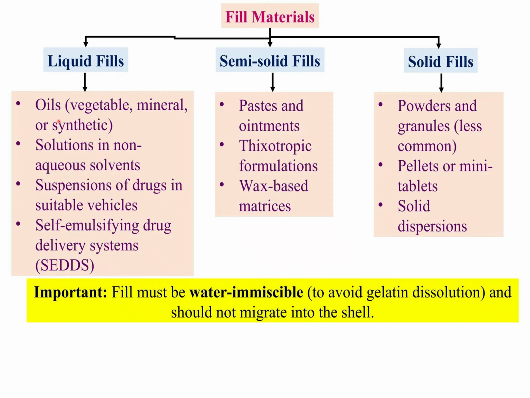Okay, so in soft gelatin capsule, we can provide oils, solution in non-aqueous solvents, suspension of drug in suitable vehicles, self-emulsifying drug delivery systems as liquid fills. Moreover, we can apply paste, ointments, thixotropic formulations, wax-based matrix as semi-solid fills, and some powders, granules, pellets, solid dispersions as solid fills.